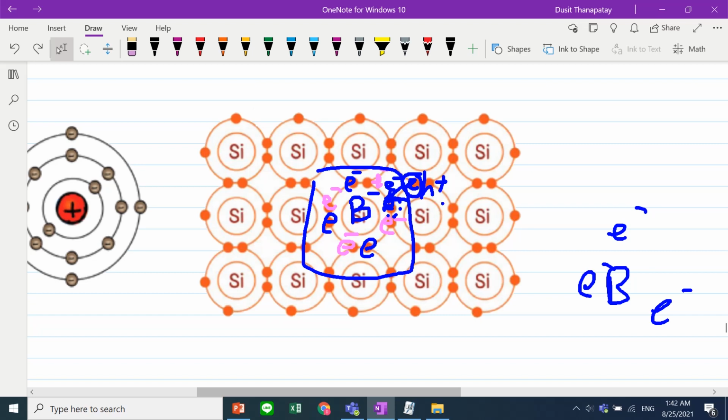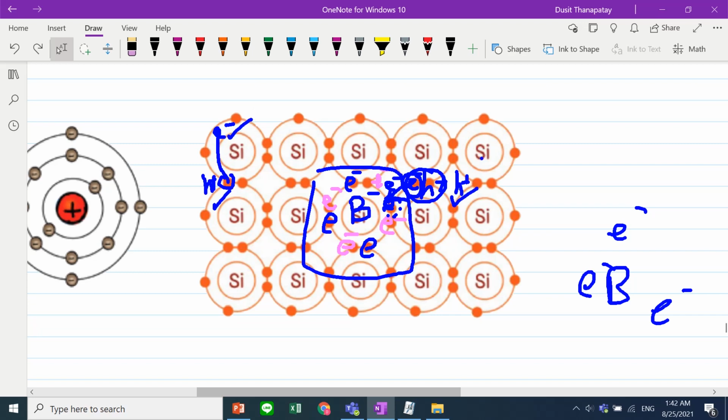Okay, so you can note that now, if you dope with a group 3 element, you have excess holes. If you count the holes that come from electrons going out to become free electrons, and at here become holes, the number of holes is now greater than the number of free electrons.